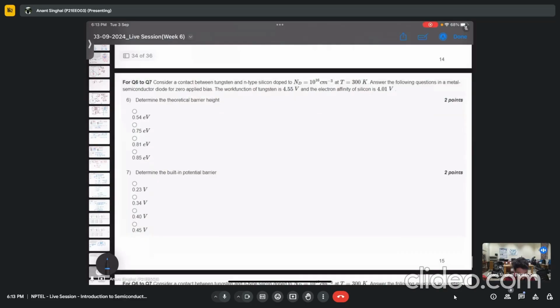We have just solved a similar question, so you can give this a try. We have a contact between tungsten and n-type silicon. N_D is given, temperature is given, work function is given, affinity is given. You need to answer both the questions. Take maybe 3 to 4 minutes and let me know the answer to both problems in the chat box.